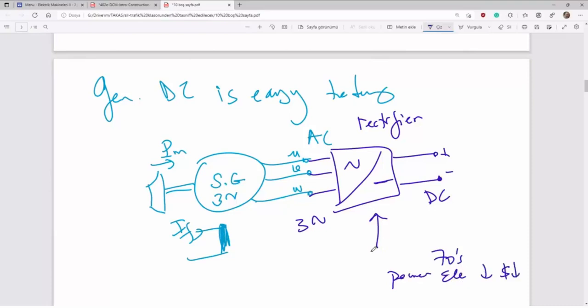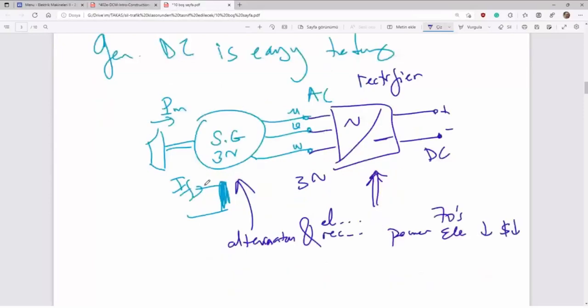So we prefer an alternator, I mean synchronous generator, together with a rectifier. That was the general case. For example, in the automotive industry, till the 70s or 80s, generally there were DC dynamos in automobiles because electronics was expensive till the 70s.